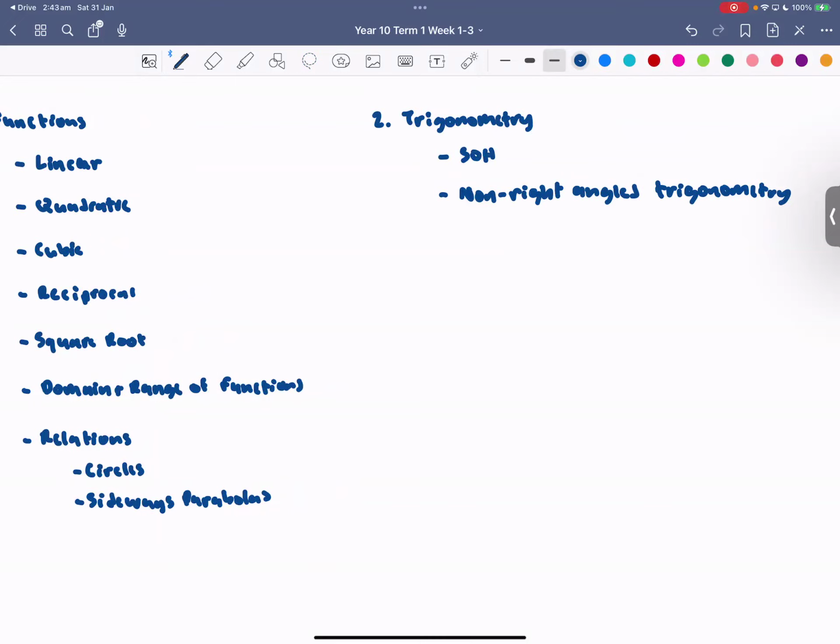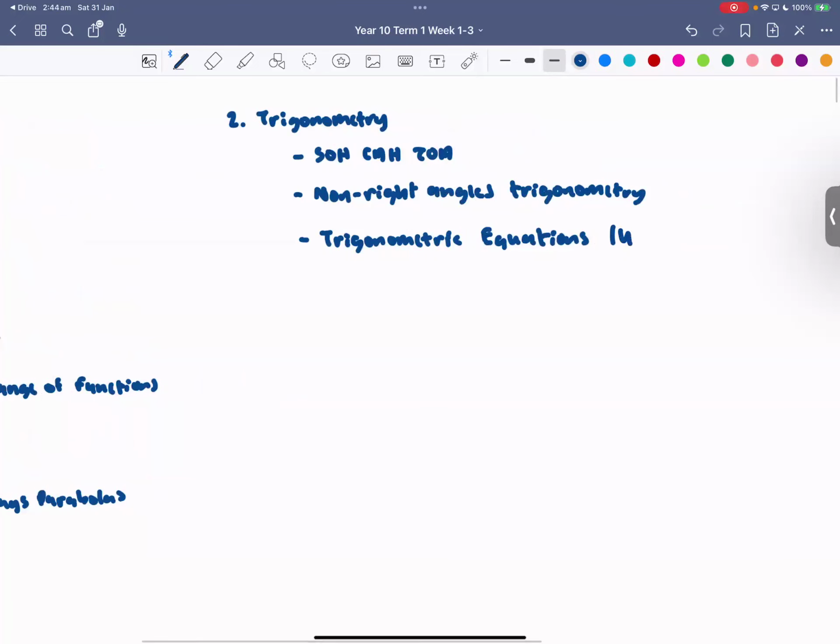Yes, good work. SOHCAHTOA. Someone said it. So you do SOHCAHTOA, obviously. You do non-right angle trigonometry. You do trigonometric equations, and when I say trigonometric equations, I'm specifically talking about stuff to do with the unit circle.